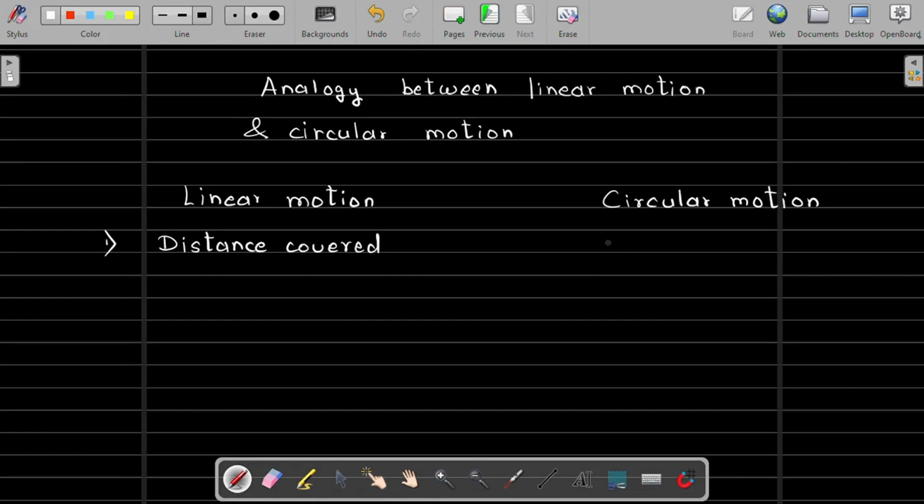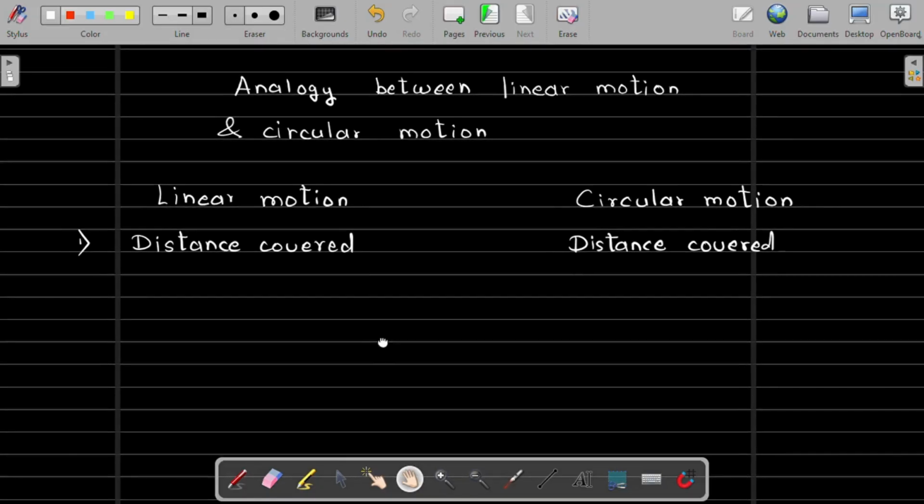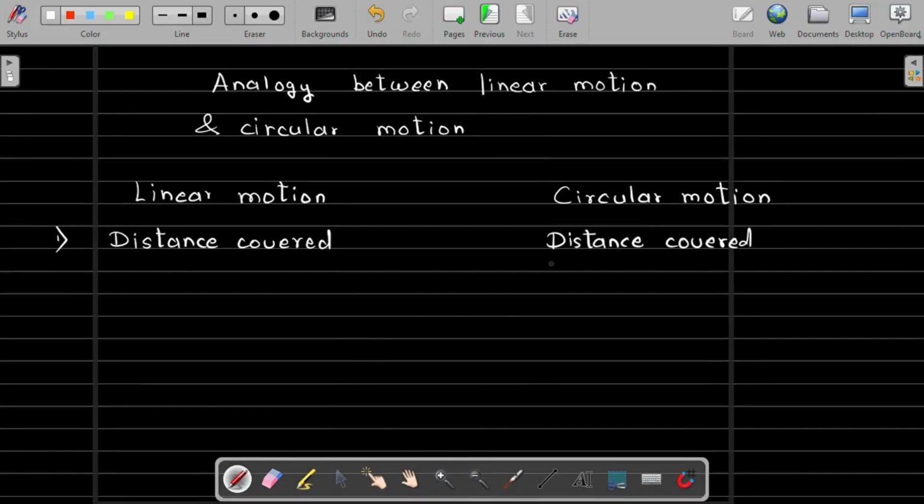Here also distance covered. Now when I write distance covered below circular motion, I am saying arc length. The symbol that we use is S, and here also S.